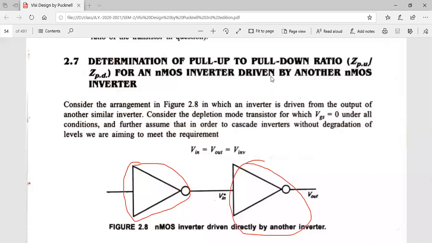We have to determine the pull up to pull down ratio for an NMOS inverter driven by another NMOS inverter. So here V in is equal to V out is equal to V INV, that means the inverter value.